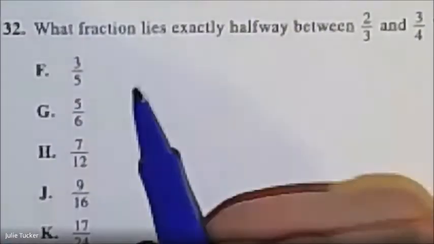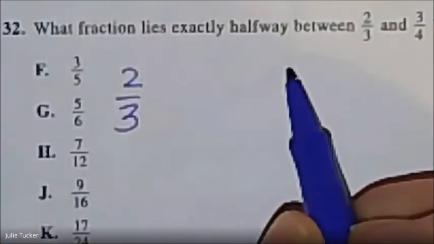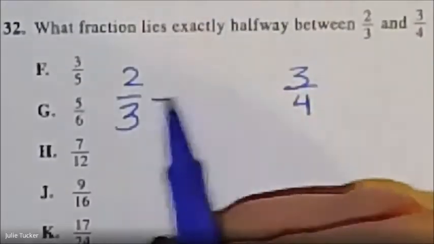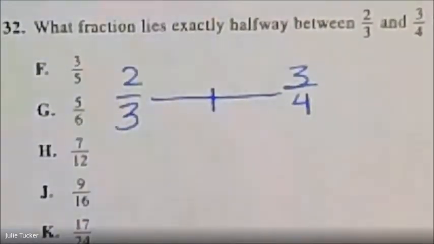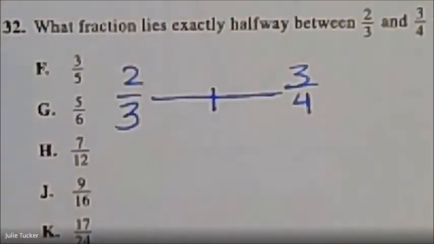All right, number 32. What fraction lies exactly halfway between 2/3 and 3/4? So what is going to be the halfway point in the middle there? How do you find a number halfway between?